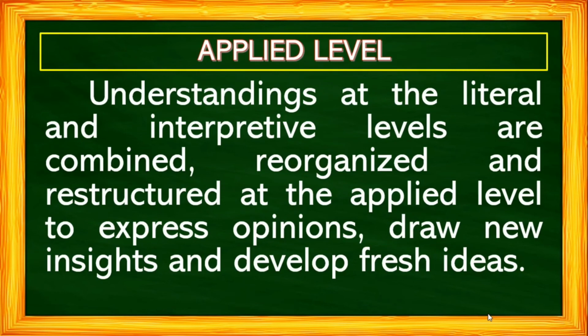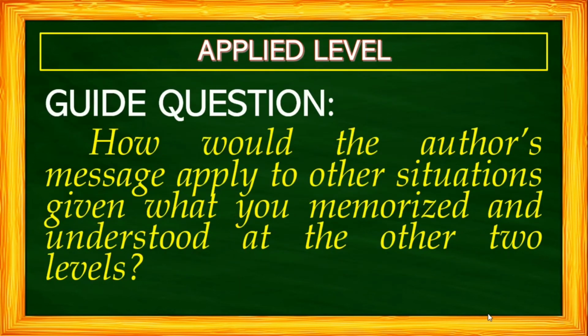Understandings at the literal and interpretive levels are combined, reorganized, and restructured at the applied level to express opinions, draw new insights, and develop fresh ideas. To develop our applied level of comprehension, this will be our guide question: How would the author's message apply to other situations given what you memorized and understood at the other two levels?